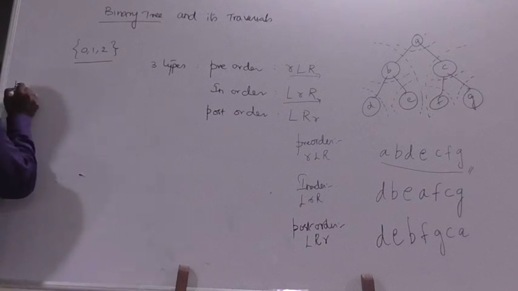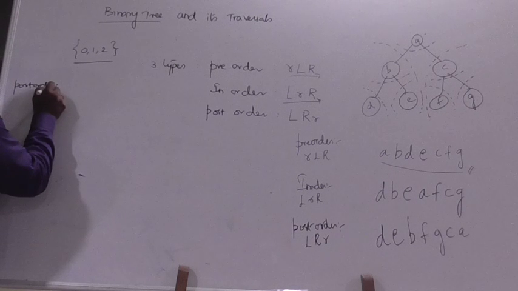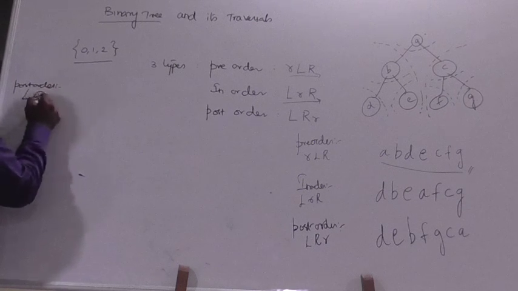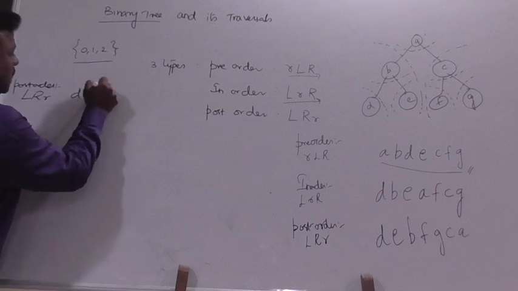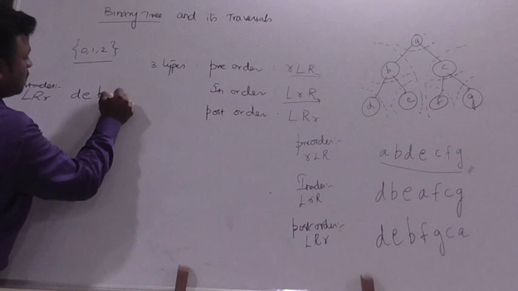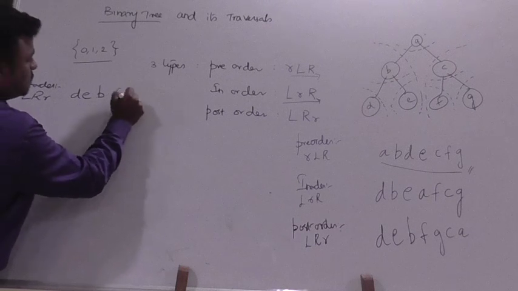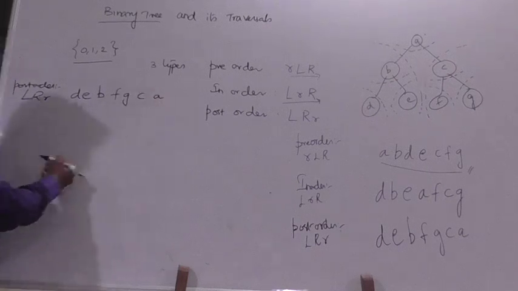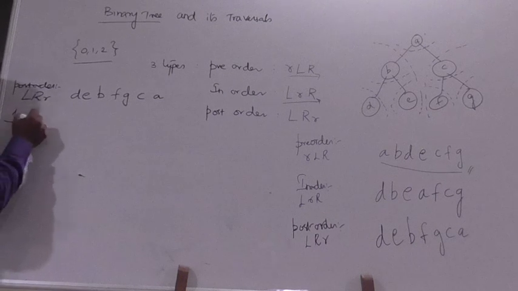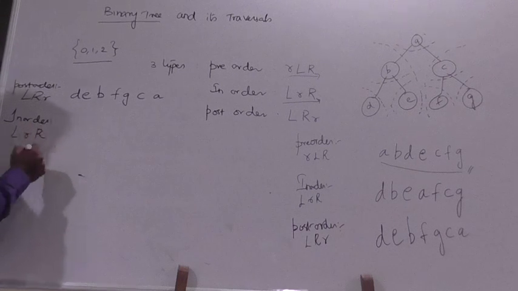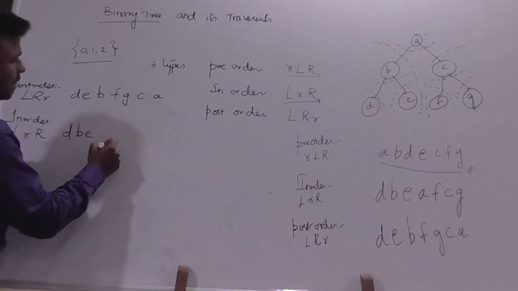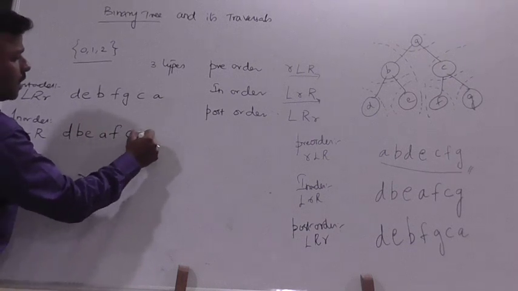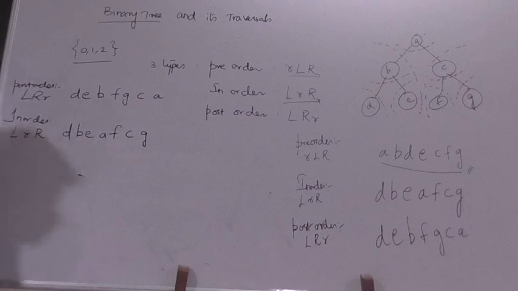For example, post-order, left, right, root, that is D, E, B, F, G, C, A, and in-order, left, root, right, that is D, B, E, A, F, C, G. Okay.